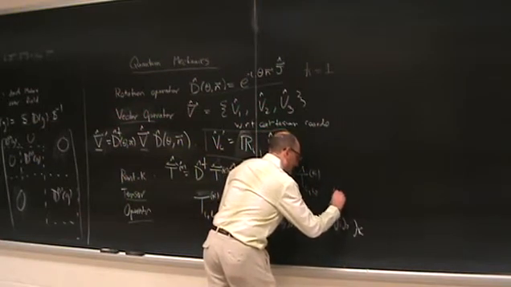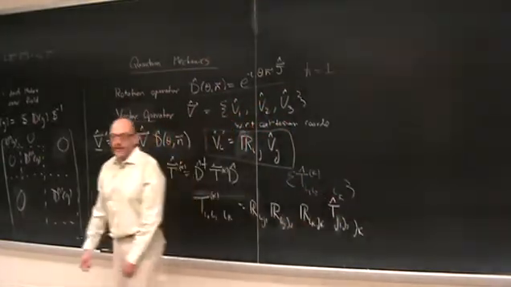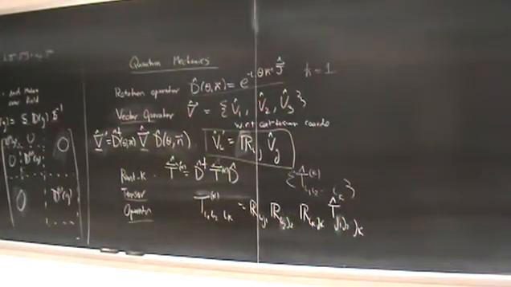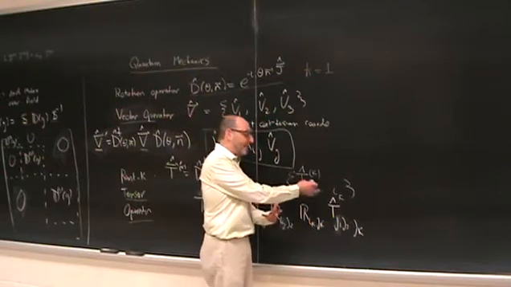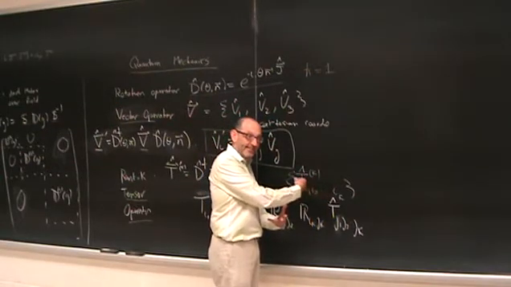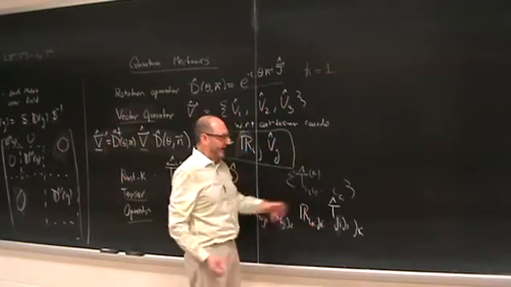Each one of these indices goes from 1 to 3. So it's a collection of operators with respect to a three-dimensional basis in three-dimensional space. Okay? This is not a representation in Hilbert space yet. I haven't written this in Hilbert space. There's a set of operators.